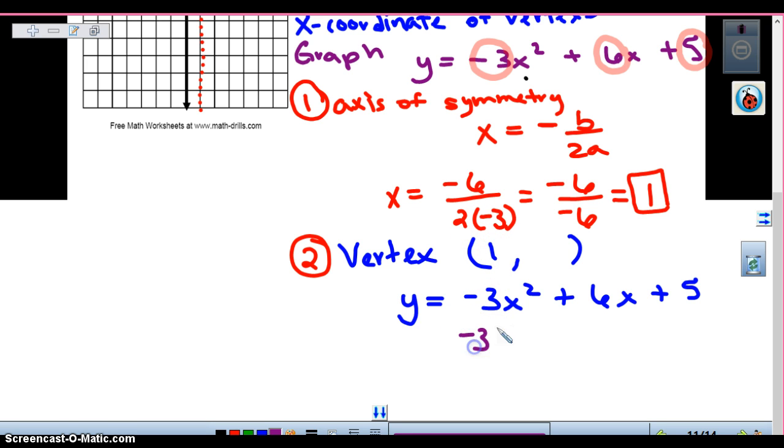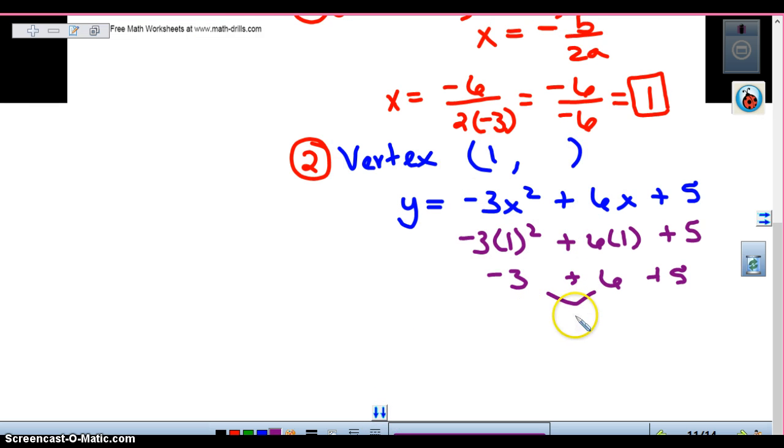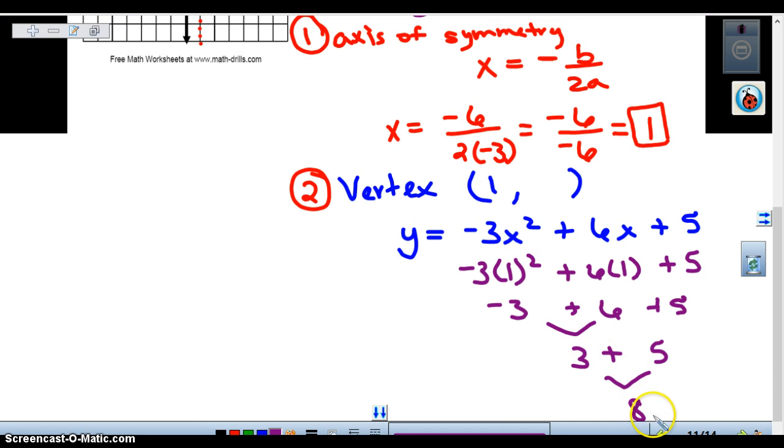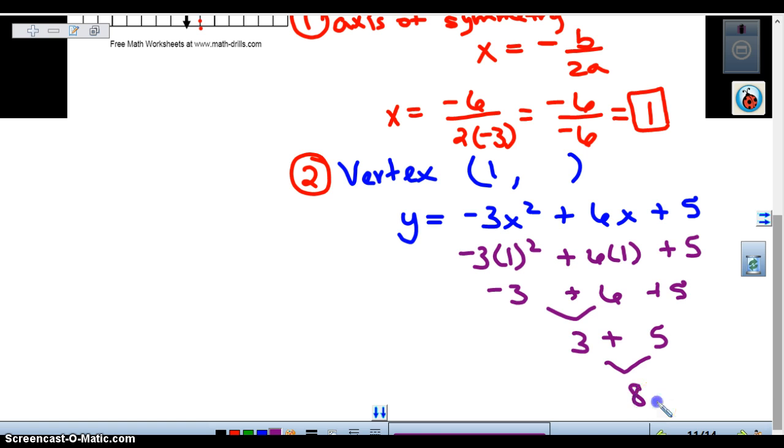So this means negative 3 times 1 squared plus 6 times 1 plus 5. This means negative 3 plus 6 plus 5. 3 plus 5 is 8. Now I found that my y-coordinate of the vertex is 8. That's it.